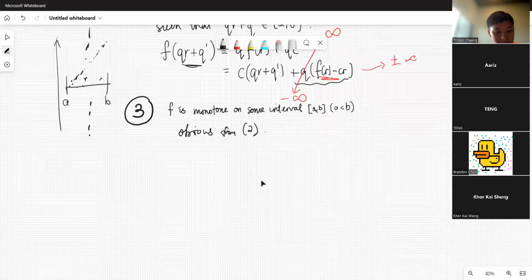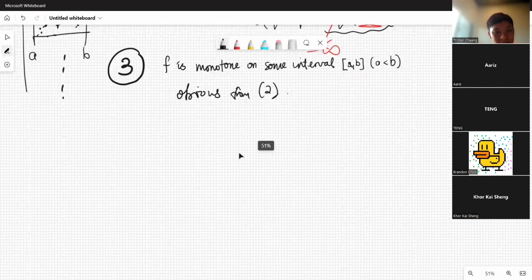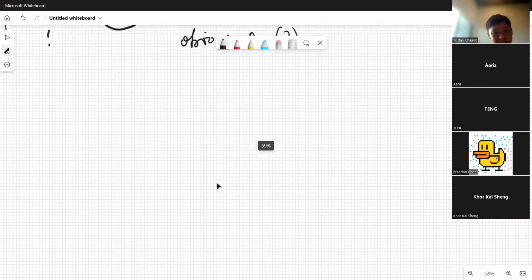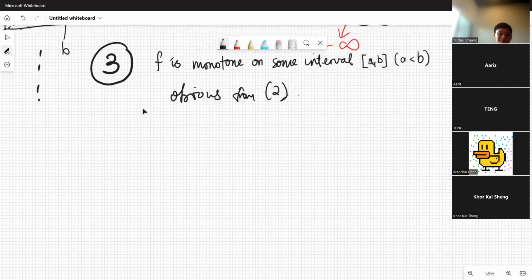Okay, so I mean, there are probably other conditions that allow you to conclude fx equals cx. Like for example, someone also introduced just now, if the function is continuous at some point instead of everywhere, so a much stronger condition.